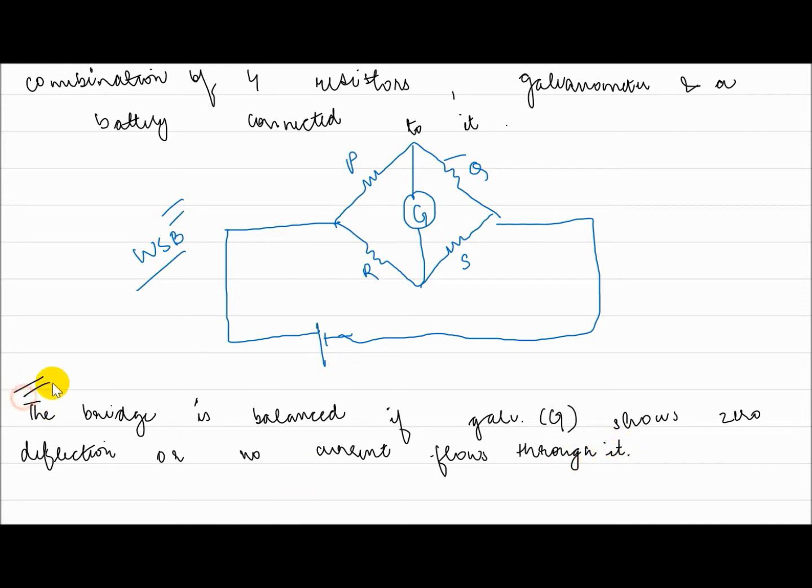If this condition is true, then we write it as P by Q is equal to R by S.